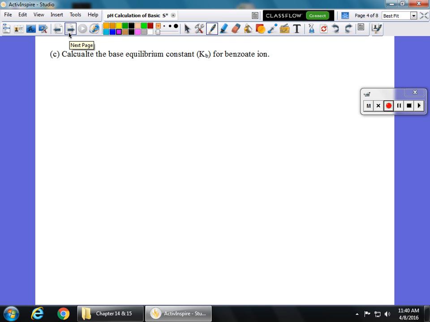This next part, part C, asks us to calculate the base equilibrium constant. Well, we don't have any concentration values or anything. This is coming from the Ka that's given to us in the prompt. For any acid-base pair, the Ka times the Kb is going to give us the Kw, right? Or 10 to the negative 14th.